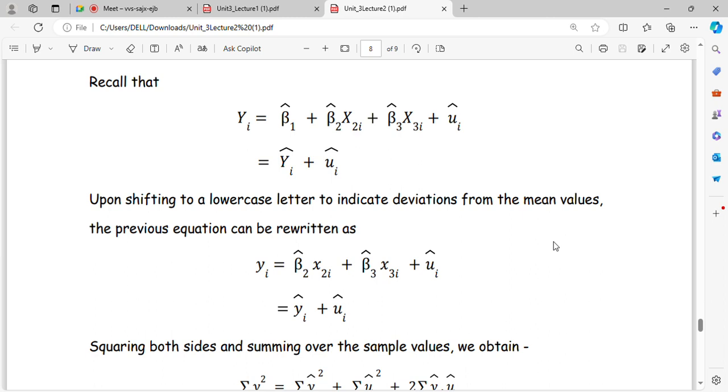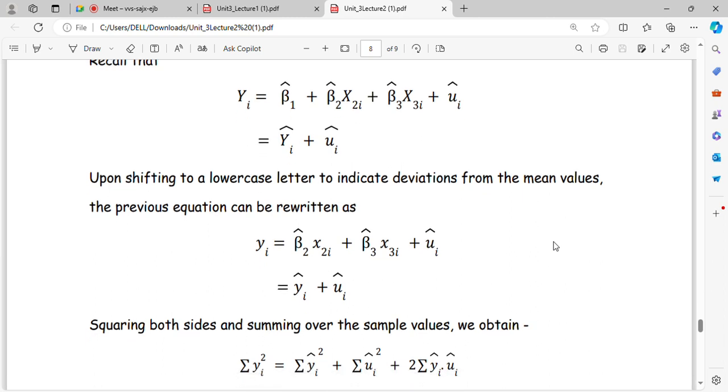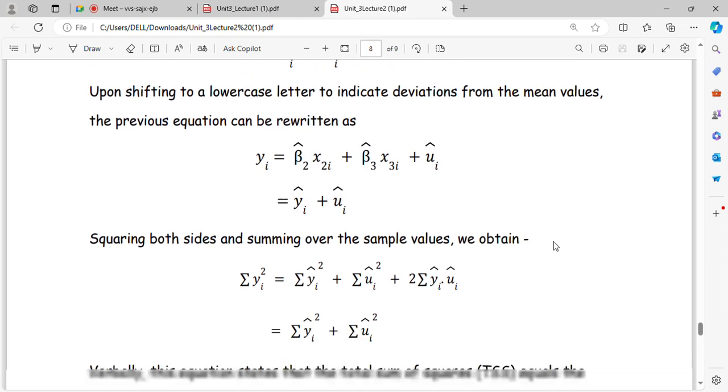That means small yi equals small yi hat plus ui hat. If we sum over it and square, using the formula of a plus b whole square, a square plus b square plus 2ab, we can write summation yi square equals summation yi hat square plus summation ui hat square plus 2 summation yi hat ui hat.